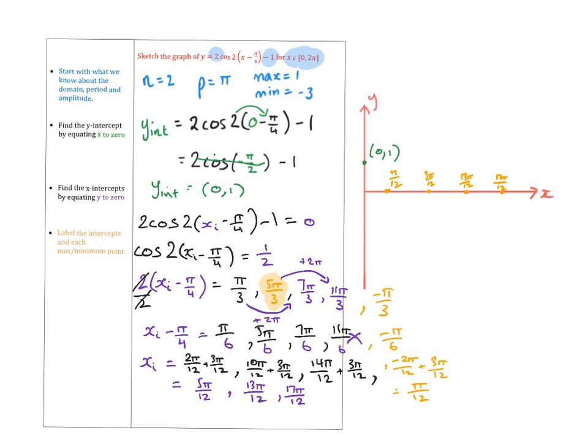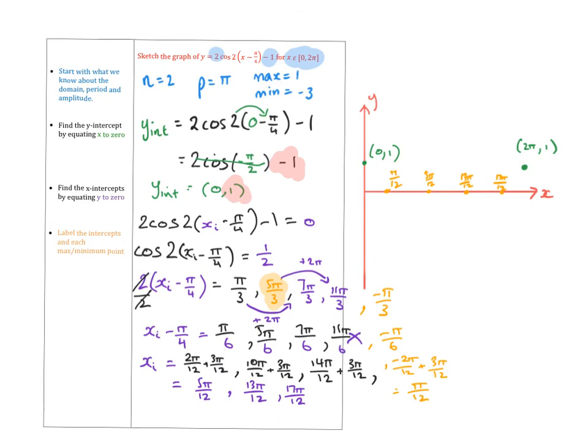We can think of 2 pi as being the same as 0. So I actually know that my endpoint here is going to be 2 pi comma 1. Now I've actually just realised that in fact I've made a mistake here. My y-intercept is not positive 1, it's negative 1. And I can see this here where I just made a transposition error.